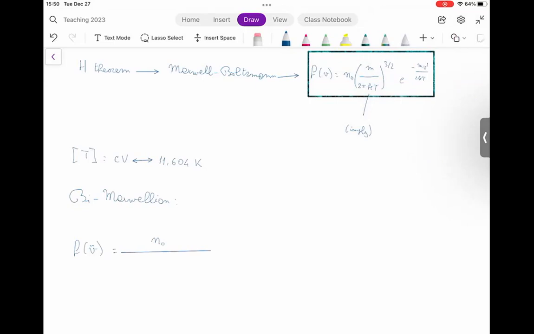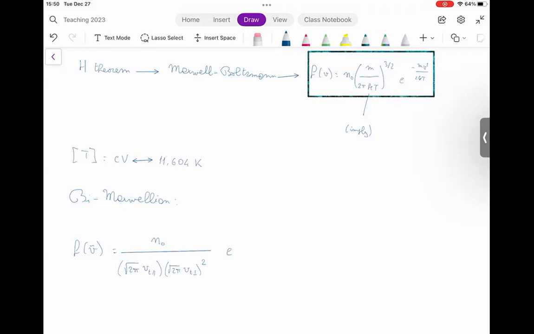And then I'm going to have square root of 2 pi times, I'm going to define these quantities shortly, something I'm going to call V thermal parallel, times a similar expression where I have square root of 2 pi times V thermal perpendicular, and this is going to be squared.